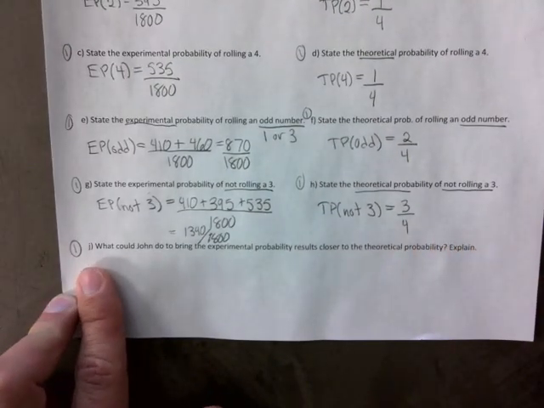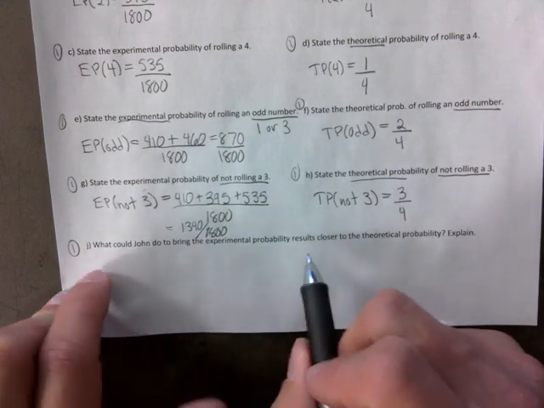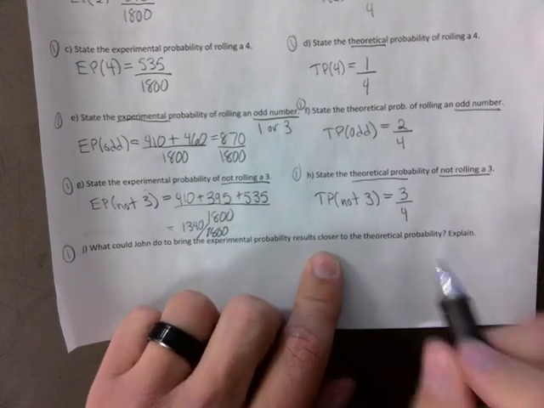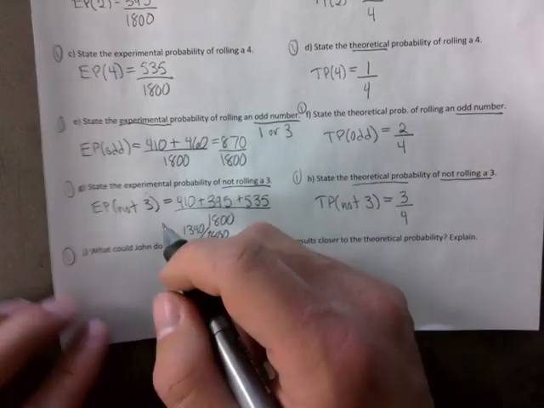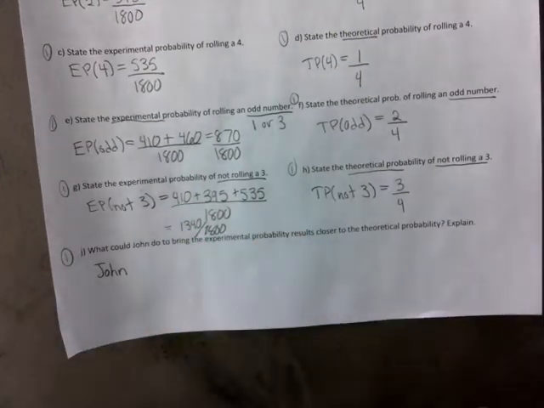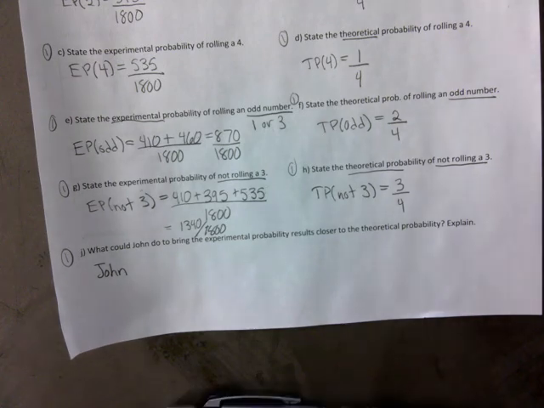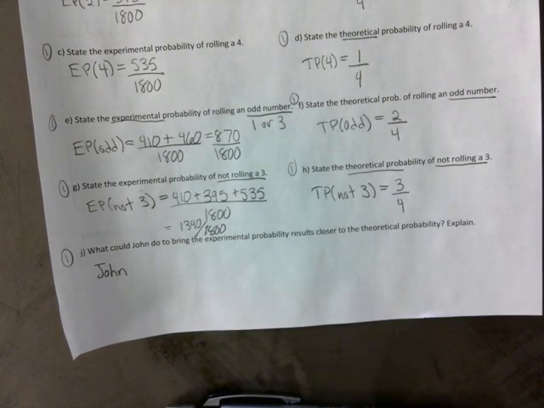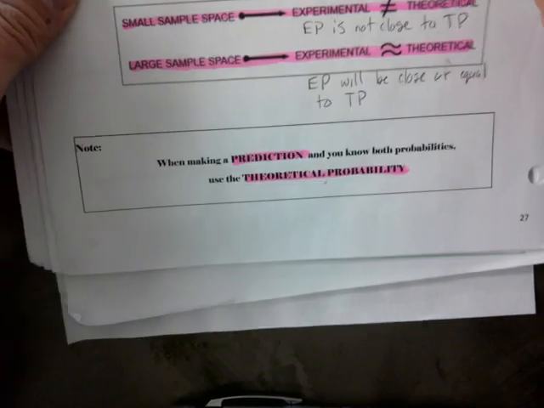Part J, what could John do to bring the experimental probability results closer to the theoretical probability? There's a little diagram in your notes that summarizes this concept well.